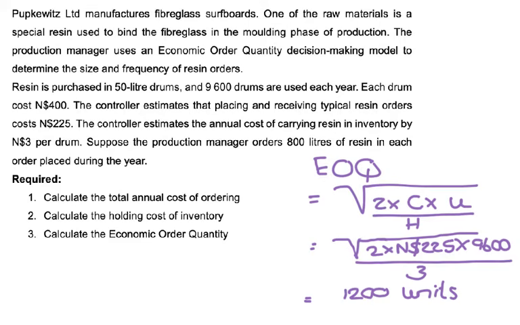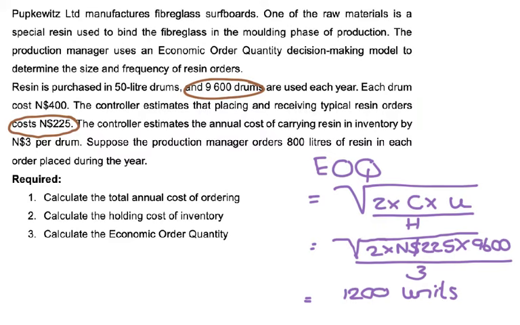So I can quickly replace the C and the U with the actual amounts. Let's plug in the actual amounts. So it's 2 times 225, and you will remember that 225 was my ordering cost, and then times 9,600. And where did I get the 9,600? That was my annual usage.